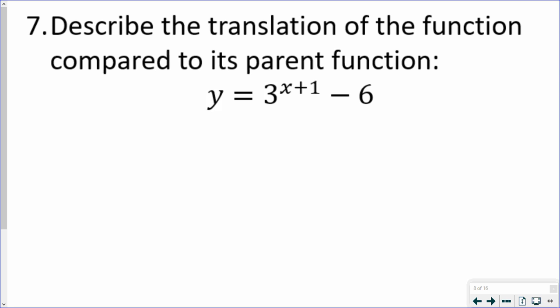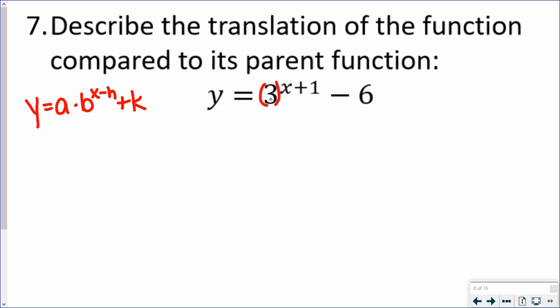Okay. So describe the translation. Remember, this is just our general equation where the A, the H, and the K all do something to it. Now this base number here, the base number is 3. So that's kind of like it's in parentheses and it's untouchable.